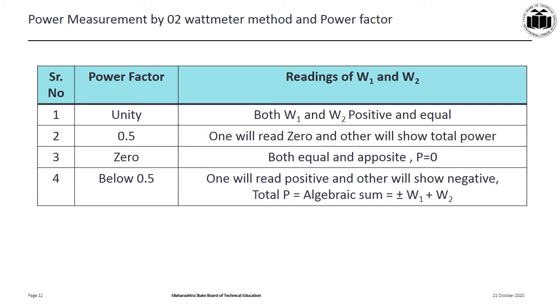When power factor is 0, both wattmeters will show equal and opposite readings and P is equal to 0. And when power factor is below 0.5, one wattmeter will read positive and other will show negative reading. So total power, that is algebraic sum, is equal to W1 plus W2.